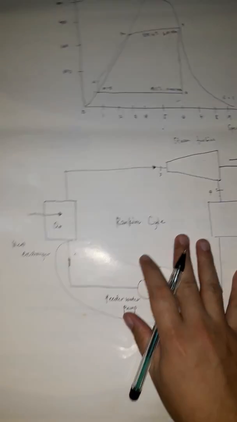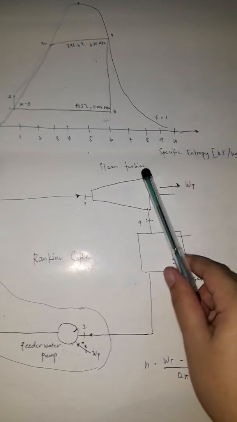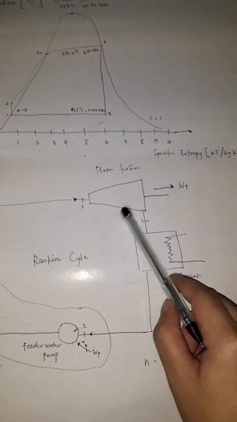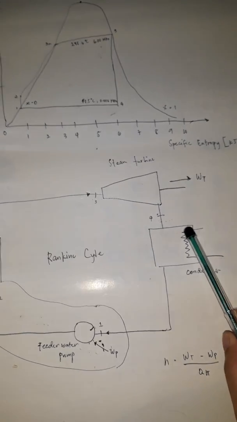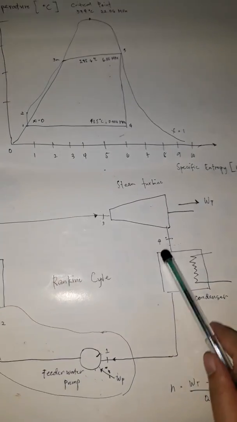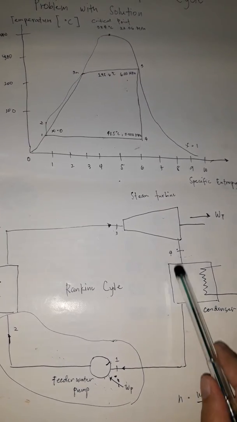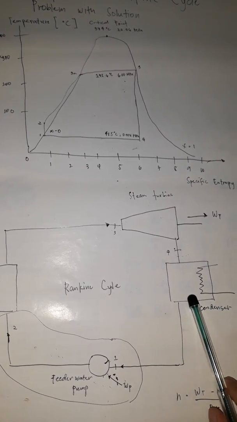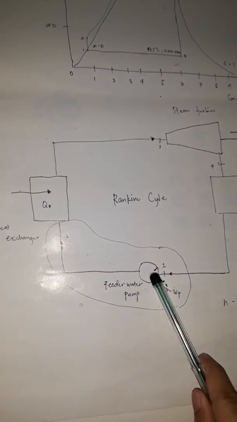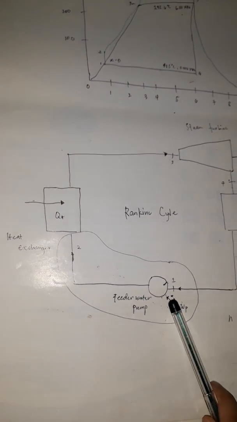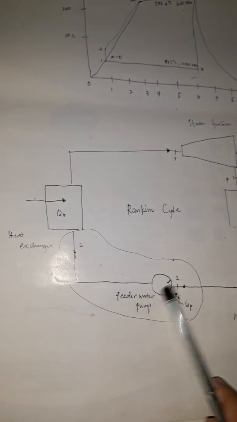To calculate this problem, we have to find first the vapor quality of the outlet steam. Second, the entropy difference between these two states, 3 to 4, which corresponds to the work done by the steam. Third, the enthalpy difference of these two states, which corresponds to the work done by pumps.